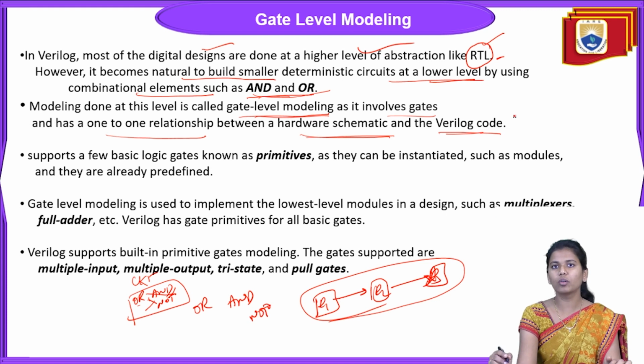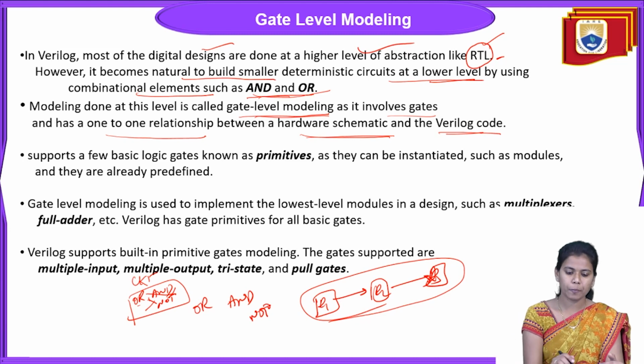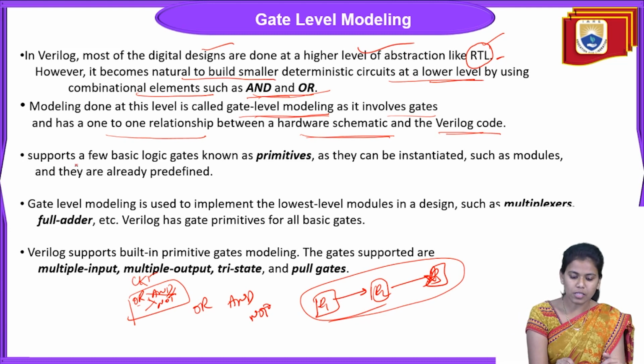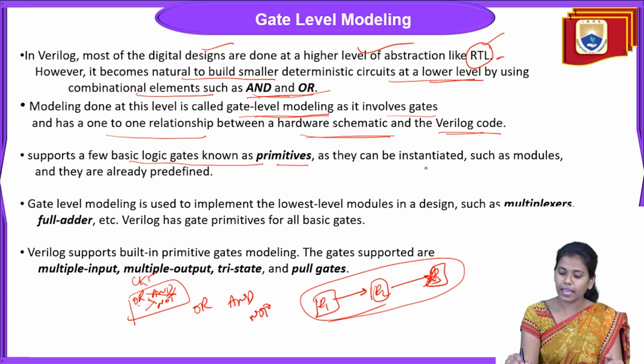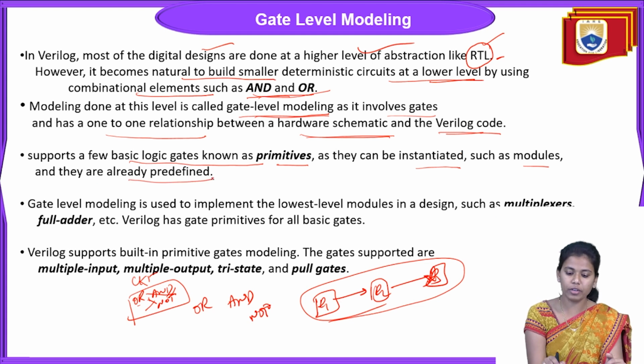This Verilog code could be written at the gate level or the data level. The keywords and syntax we already discussed in the previous session. Coming to the point, Verilog supports new basic logic gates known as primitives, which can be instantiated like modules and are already predefined.